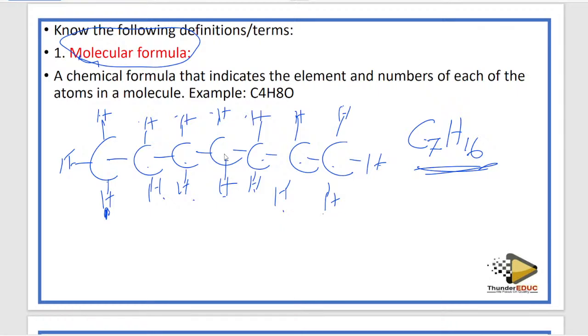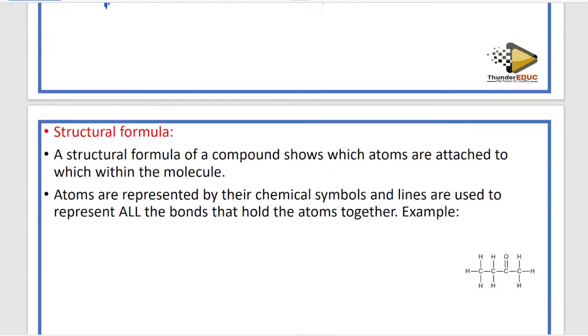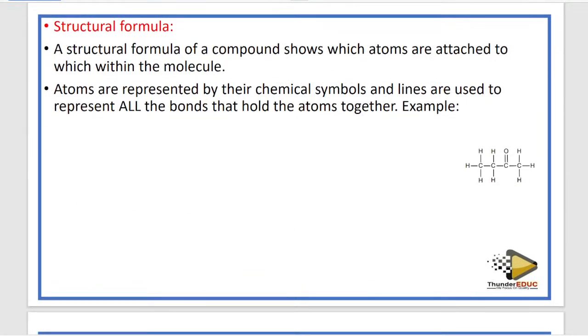So whenever I talk about the molecular formula, you have to write how many carbon atoms are there, how many hydrogens are there, how many oxygens are there. Simple. Just count. What about the structure formula?